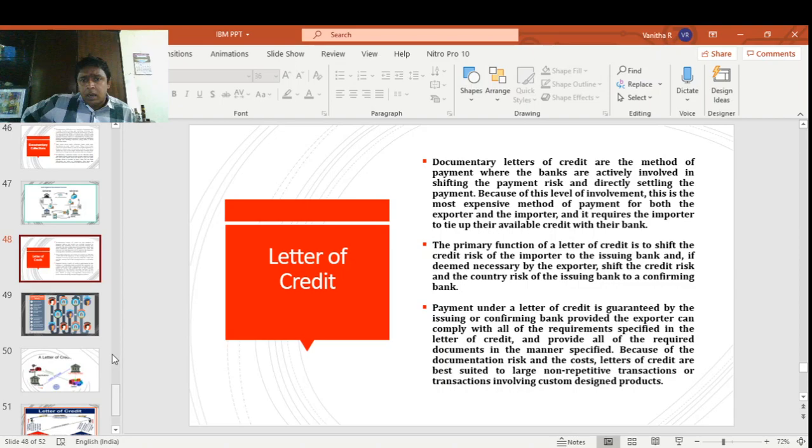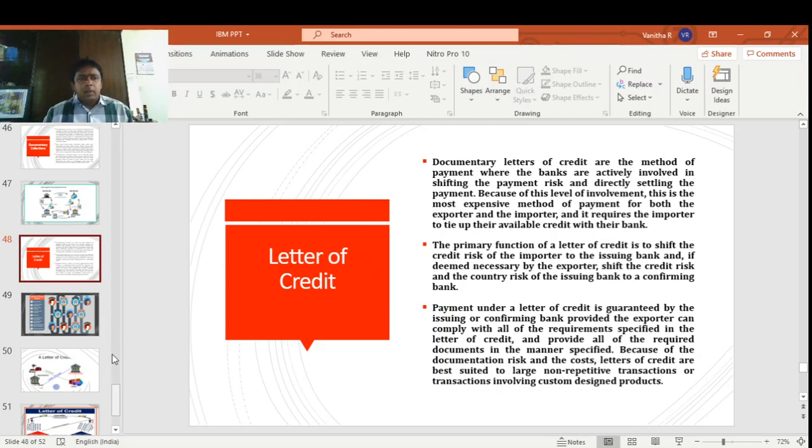Thirdly, the payment under a letter of credit is guaranteed by the issuing or confirming bank, provided the exporter can comply with all of the requirements specified in the letter of credit and provide all the required documents in the manner specified. Because of the documentation risk and the costs, letters of credit are best suited to large non-repetitive transactions or transactions involving custom designed products.